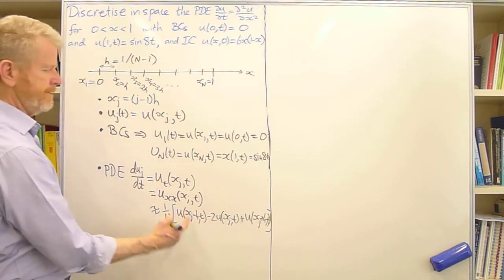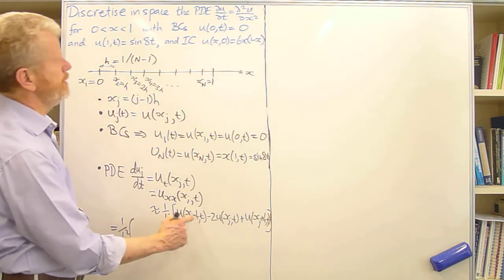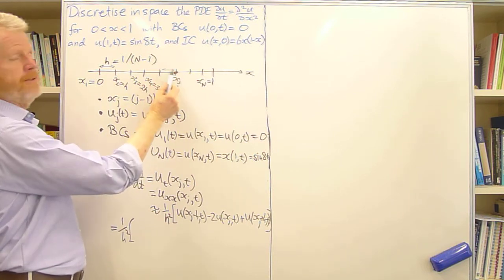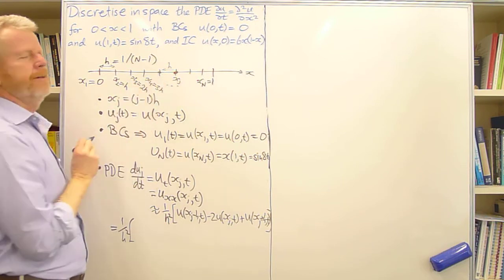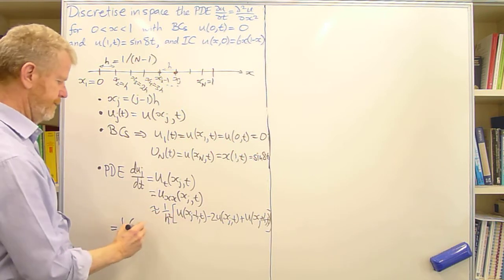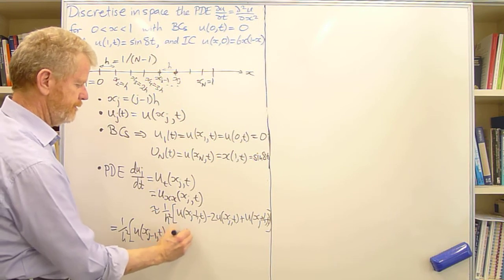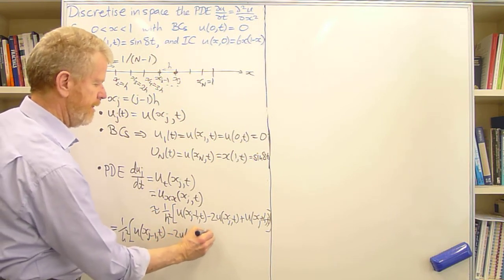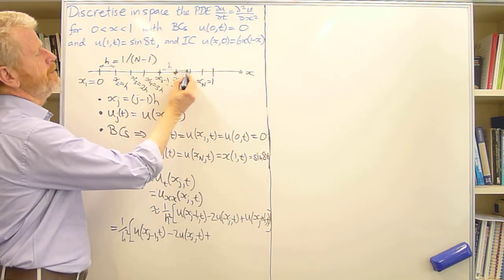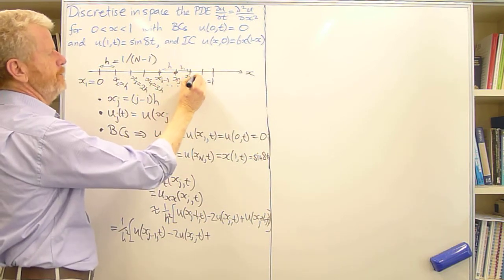Now let's have a look at the quantities here. We've got 1/h squared, u of xj minus h. Suppose we're at the jth point here, xj. xj minus h is a distance h to the left, and that's the grid point to the left, xj−1. So this is u at (xj−1, t) minus 2u of (xj, t) plus u of xj plus h. Now, if you're at xj and you move a distance h to the right, you get to the next grid point, which is xj+1.